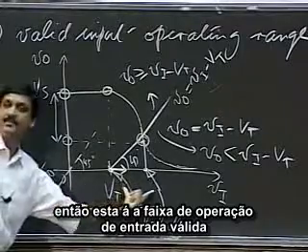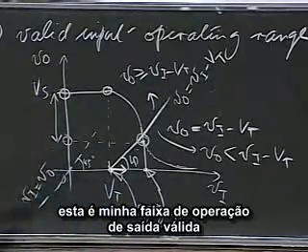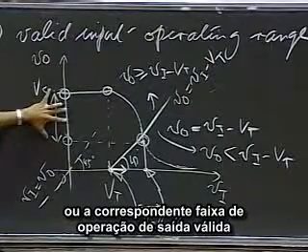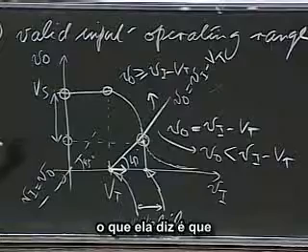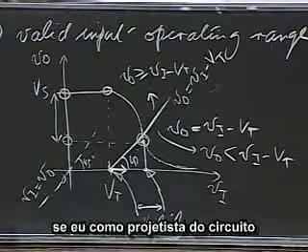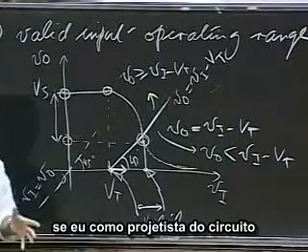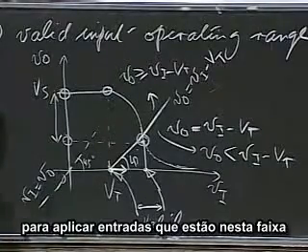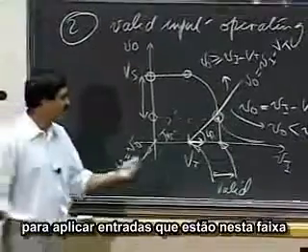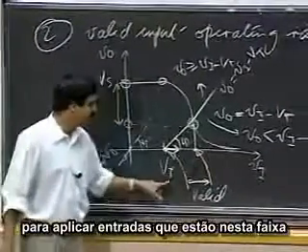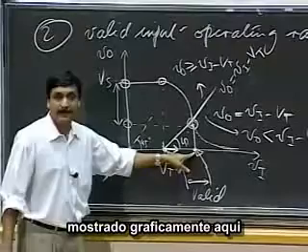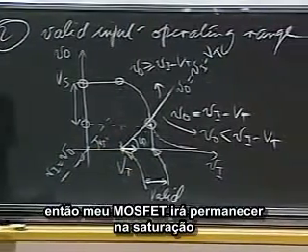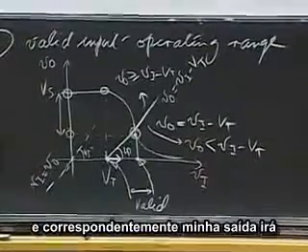So this is my valid input operating range, and this is my valid output operating range, or the corresponding valid output operating range. So what does this say? What this is saying is that if I, as the designer of the circuit, am disciplined enough to apply inputs that are in this range, Vt, to some value here, okay, graphically shown here, then my MOSFET will remain in saturation.